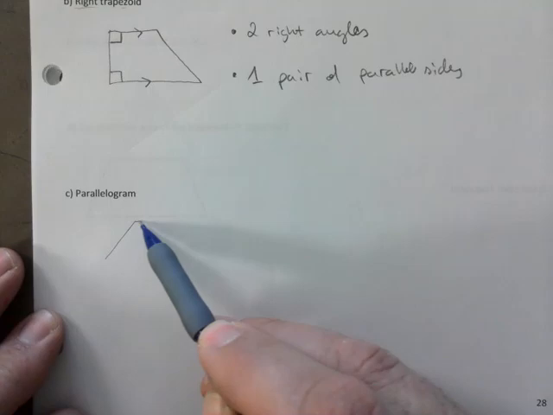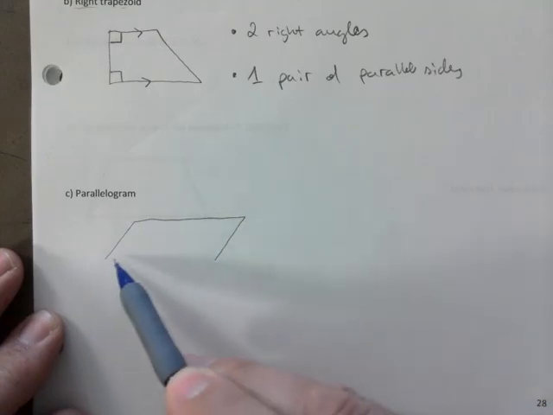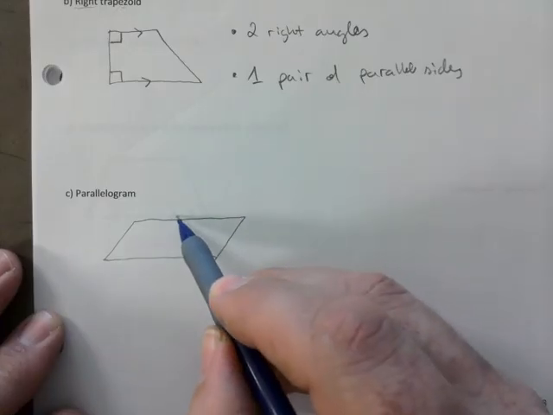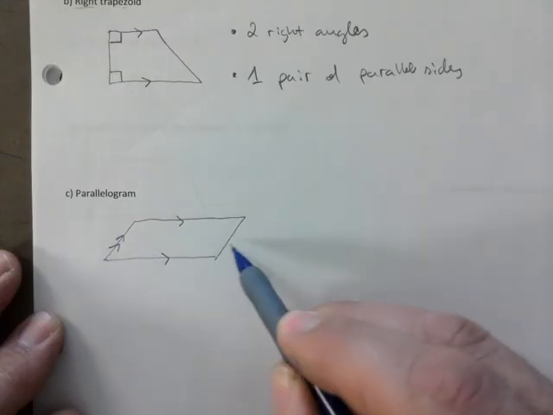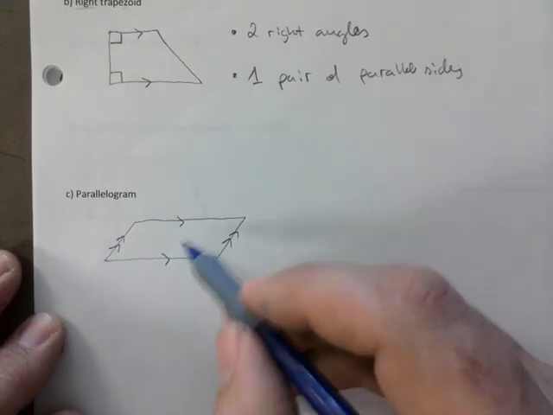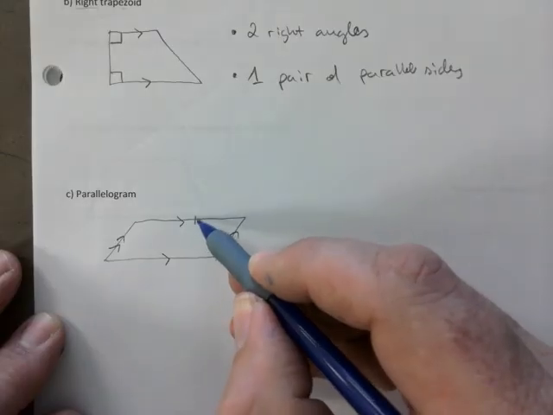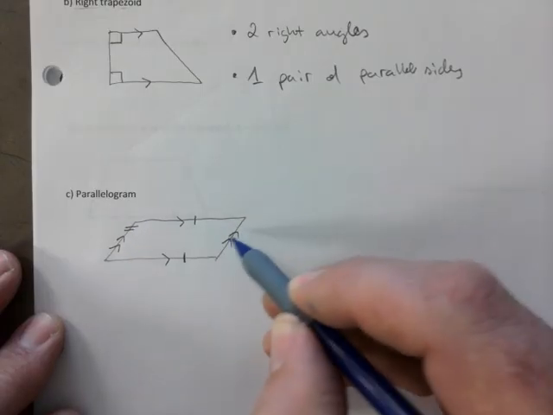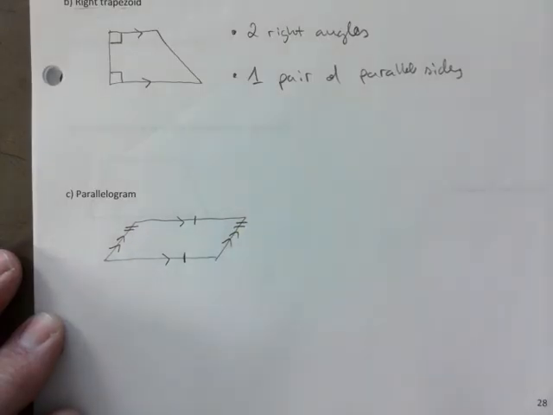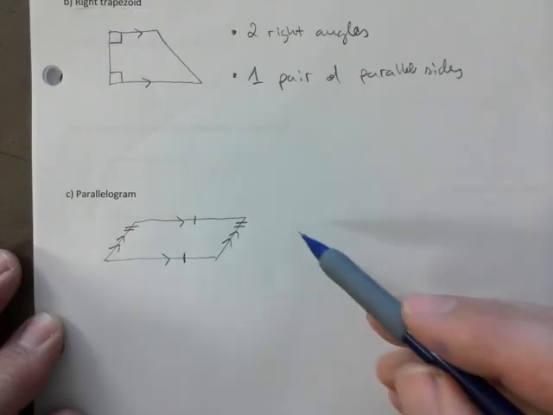You should all know what it looks like in general. And if I want to talk about parallel sides, you have to talk about all the sides that are parallel. That's good. And then we also know that lengthwise, this one is the same as that one, and this side measures the same as that one. Okay? So that's one way.